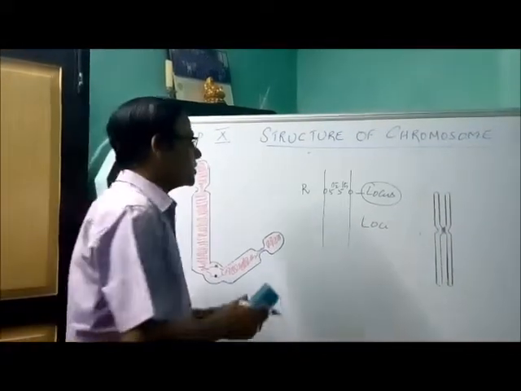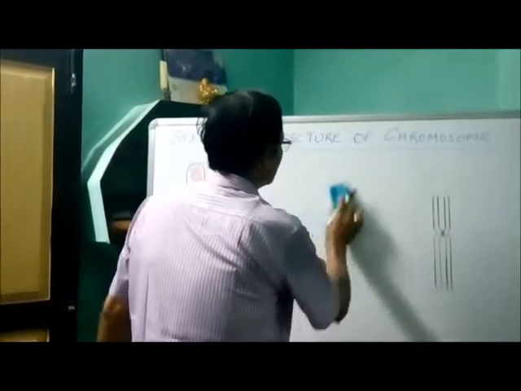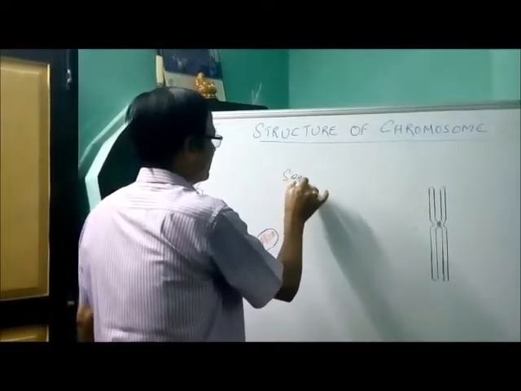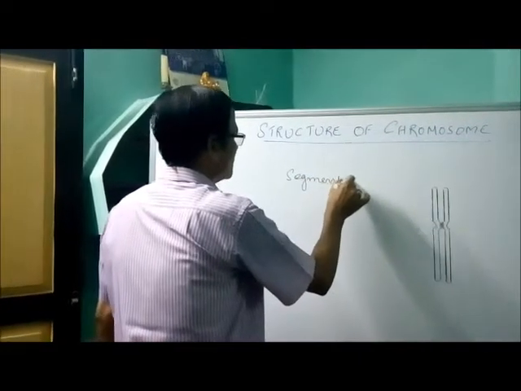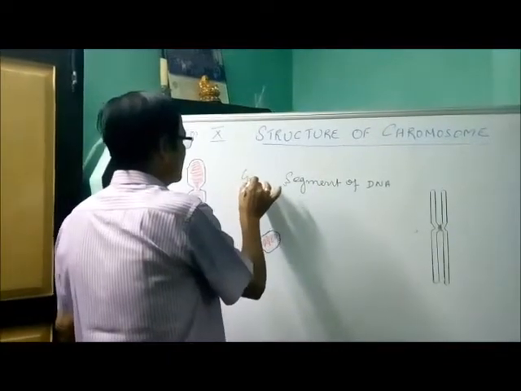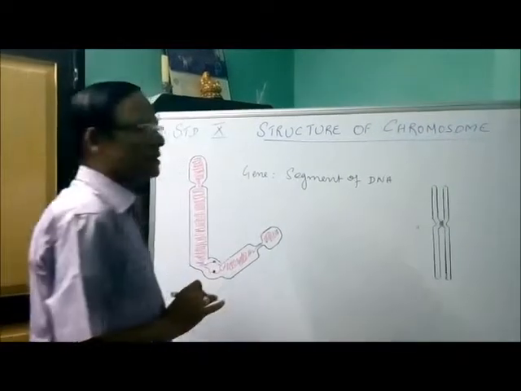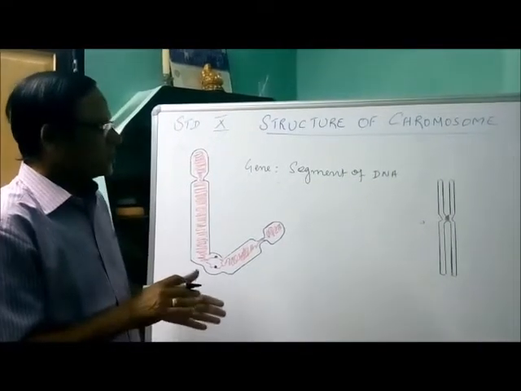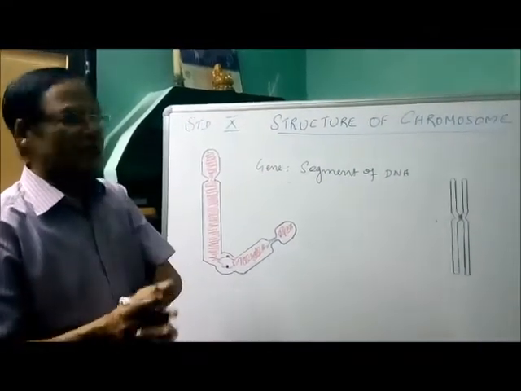Now, what is a gene? A gene is nothing but a segment of DNA carrying the information, and that information is inherited by the next generation.